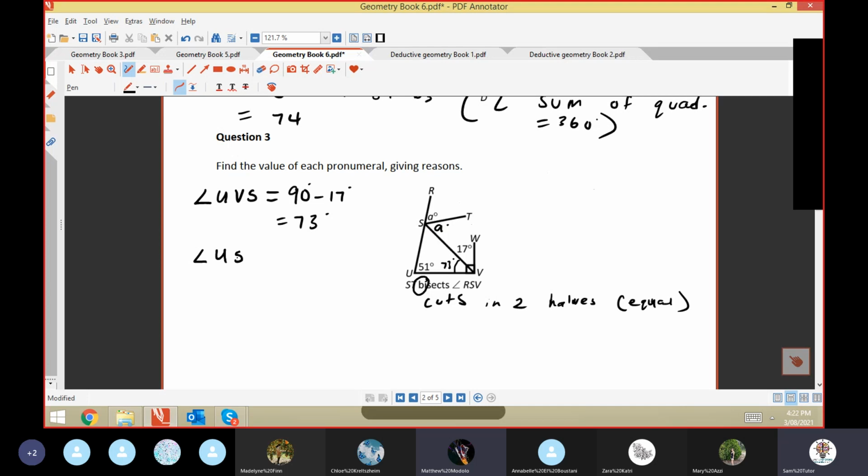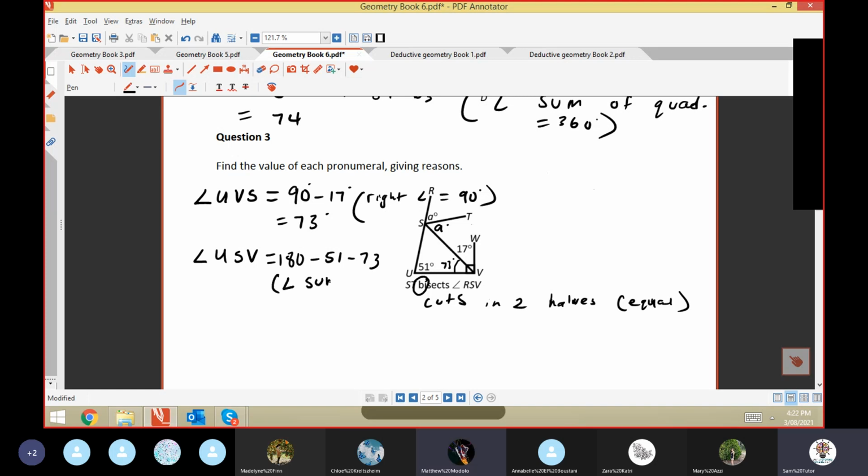Yep. I know that you understand that part, but the reasonings are important. So back to this 73. What's my reason for this one? You can call it right angle. Right angle equals 90 degrees. What's your reason for the second part?